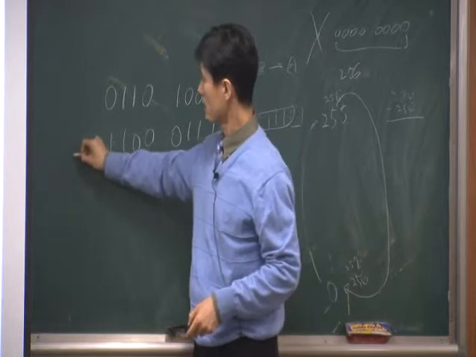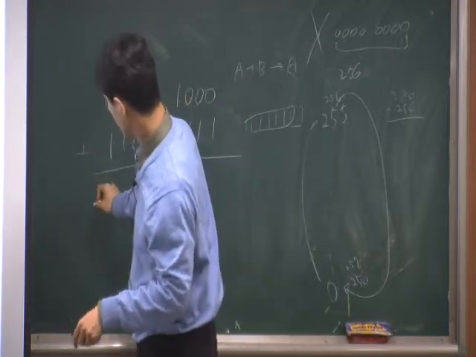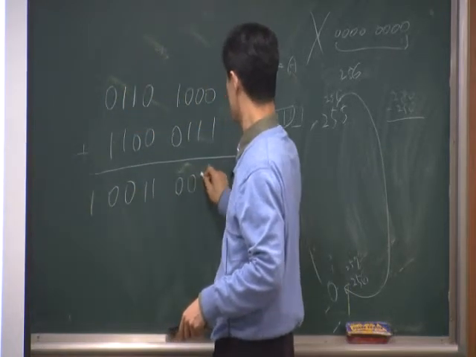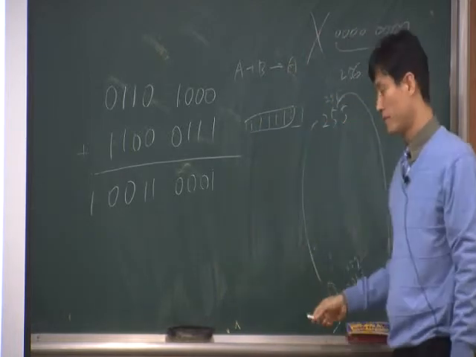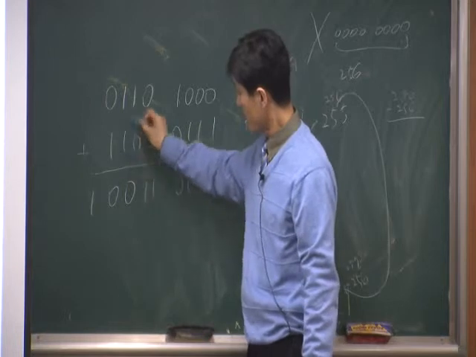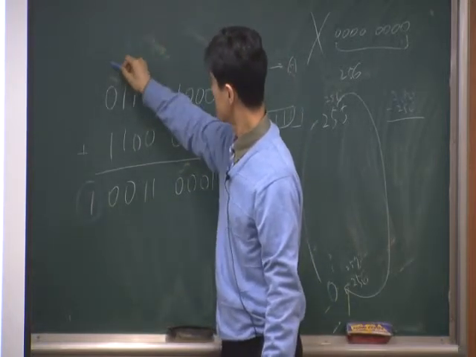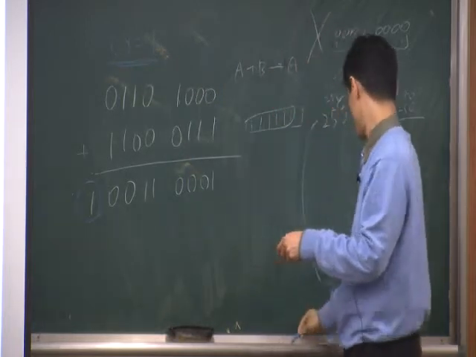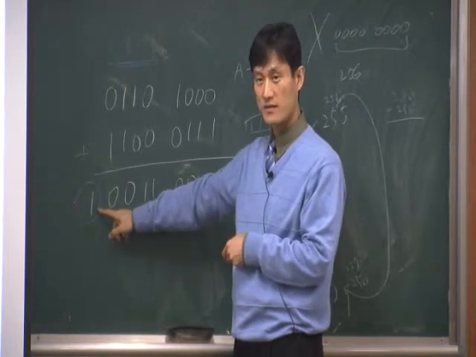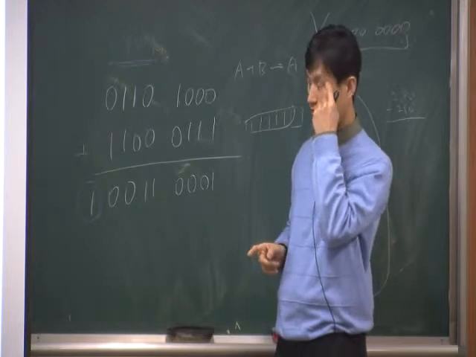I'm going to add these two, and the output is this one, right? As you see, adding these two, now the carry flag is on because of this. Because of this, we have the carry flag. What about auxiliary carry?